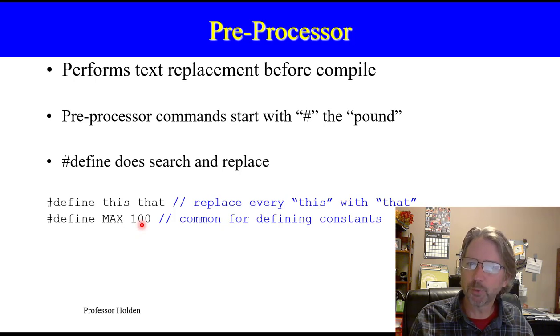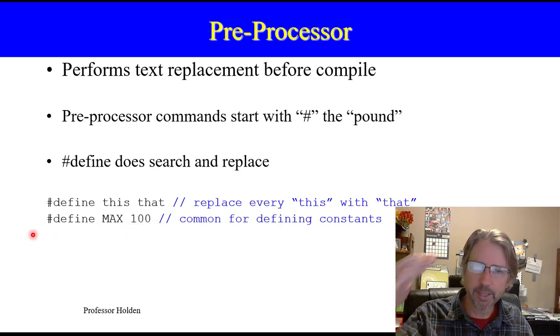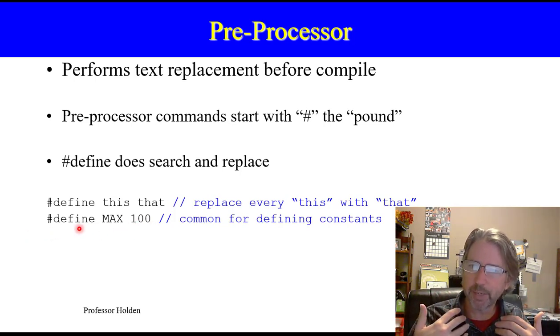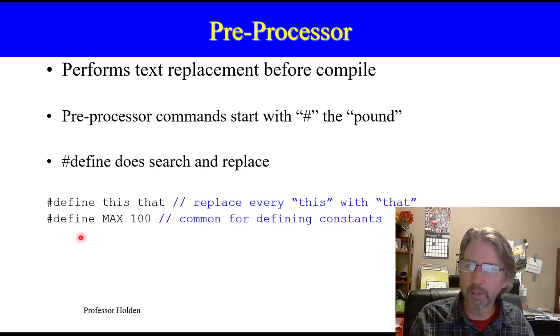If we decide 200 is what we need, we change it in this one place, and it fixes the entire code. You could do some of this with variables, but this actually doesn't take any storage. It doesn't have to get fetched from memory. It literally types it into your code, so it's sometimes a little more efficient from memory usage. And it's very standard for defining configuration parameters.